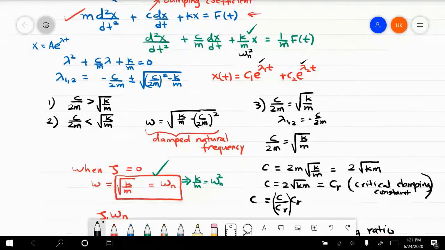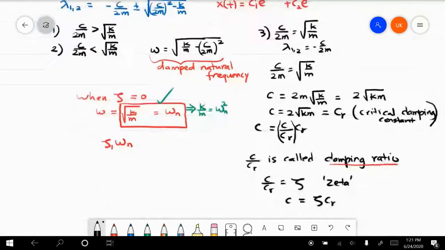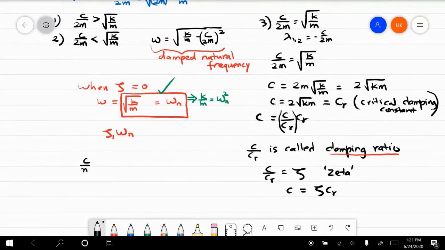Now what about this c over m? It turns out that c over m can be written as 2 times zeta times omega n, and let's prove that to ourselves. This is 2 times zeta, which is c over cr, times omega n. Omega n is the square root of k over m.